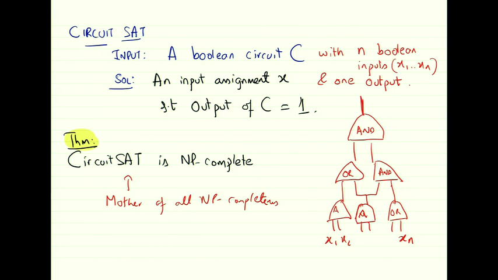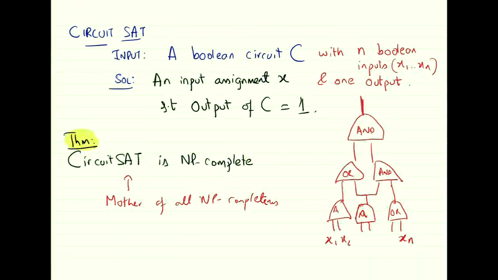All right, so now I want to prove that the circuit SAT problem is NP complete. If I have to prove that it's NP complete, by definition I need to prove two things.